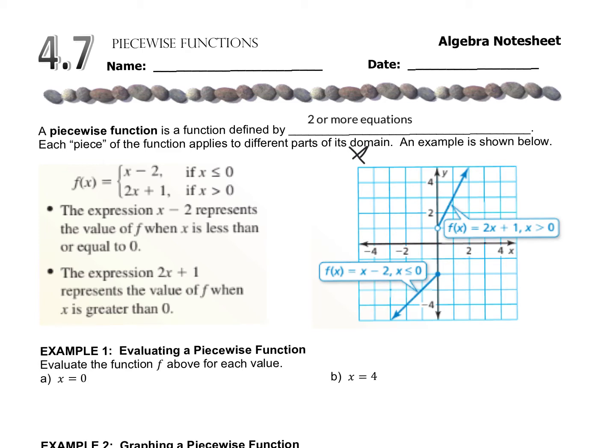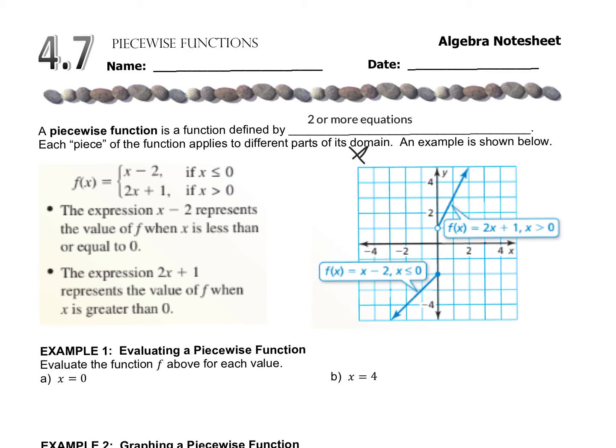So here we see a picture of a piecewise function, and they look a little bit different than anything we've seen so far. So f of x would be the function f, and we have this little half bracket. We don't have it on the other side, but it shows that both of these equations or expressions are part of the function.